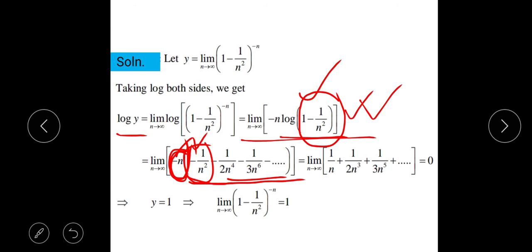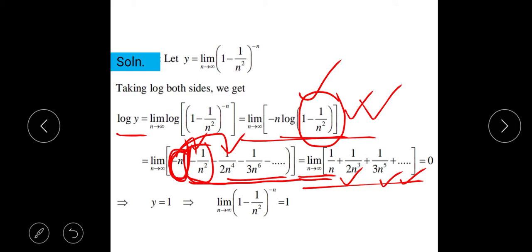So each term will be positive, and you will finally get 1 upon n plus, if you multiply this term with 1 upon 2 into n to the power 4, you will get plus 1 upon 2n cube, and similarly so on. And if you take limit n tends to infinity, then what you will get?